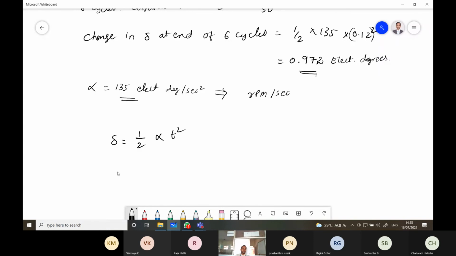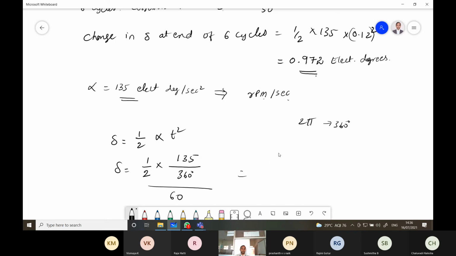So one by two into alpha, which is 135. Conversion of degree per second square into RPM: 2 pi becomes 360 degrees, so 135 degrees out of 360 degrees, whole divided by 60, since RPM is in terms of minutes and we convert into seconds.